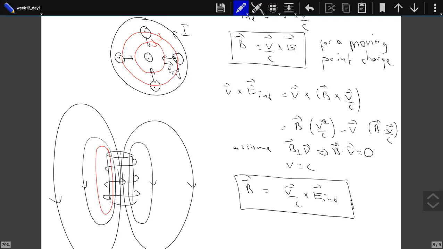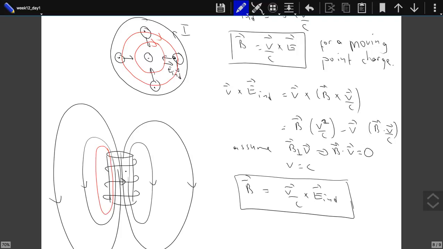But these are kind of hand-wavy arguments. I mean, you see, inside the solenoid, they are not moving at the speed of light. Their change basically depends on how you are increasing I, because I determines the total number inside.